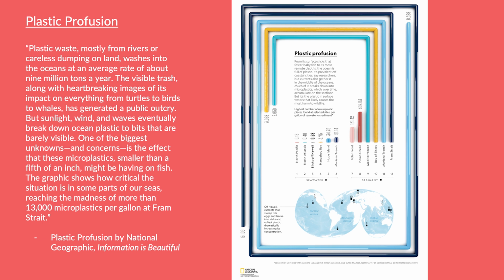This is really powerful because it pushes against our expectation of what a bar chart should be and really emphasizes the volume. And I think it's powerful that they also use a straw here, or a microplastic, to create this visualization. So yeah, that's why I am really drawn to this one.